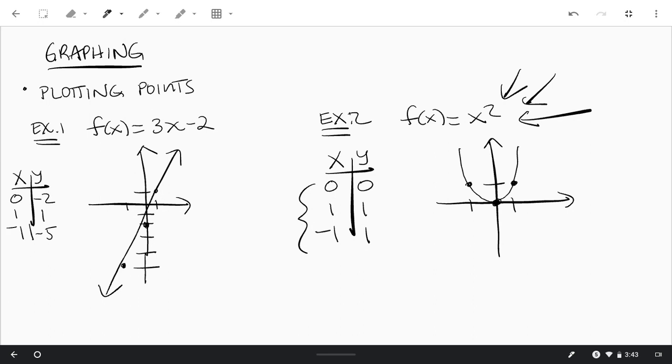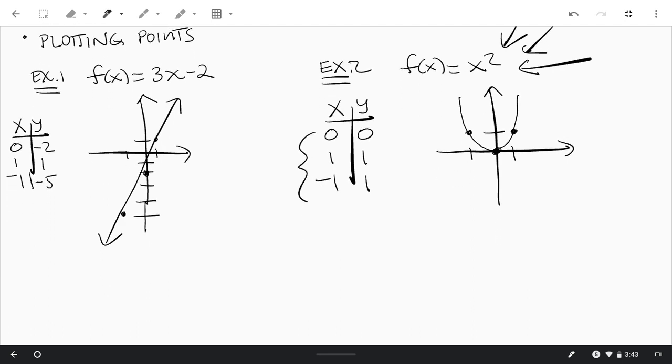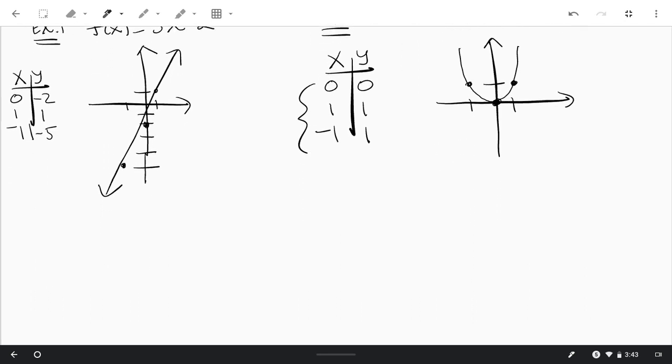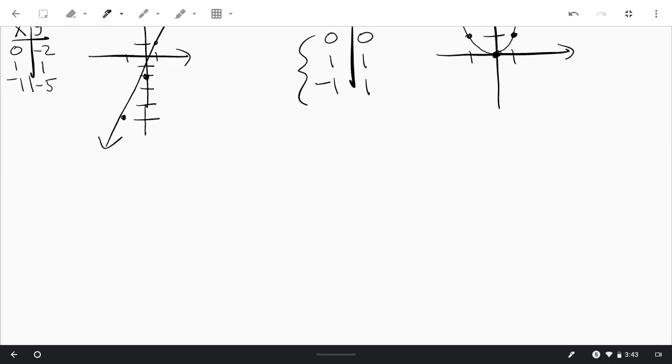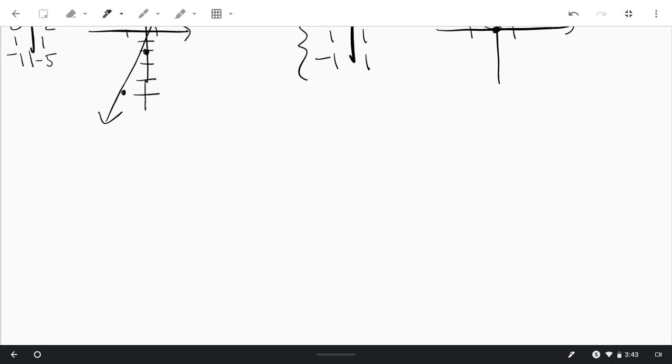Okay, so if you see x squared, you know you're going to get some sort of a U shape, not a V shape. Okay, absolute value is the V shape. Okay, so make sure that you know these 3 standard points on this graph of the parabola for the next section. All right, let's take a look at x cubed.